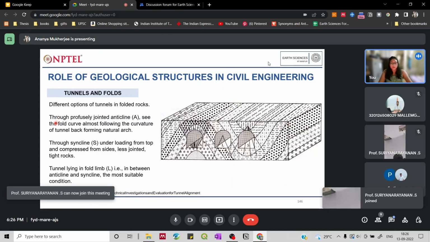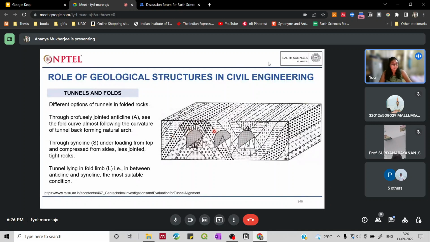Suppose we are talking about the anticline, and this is the crest of the fold. Because of the bending that happens along the crest, a lot of jointed structures are formed.